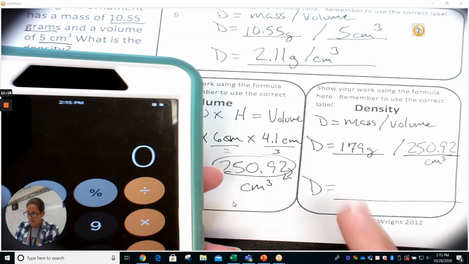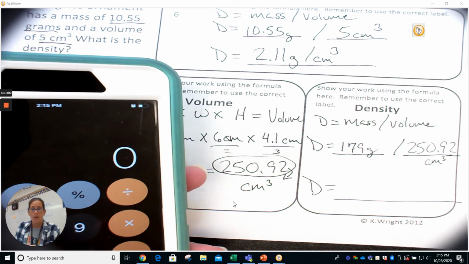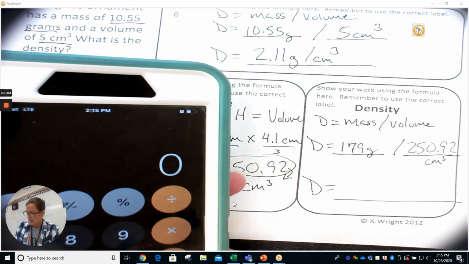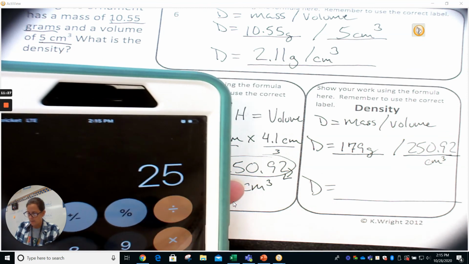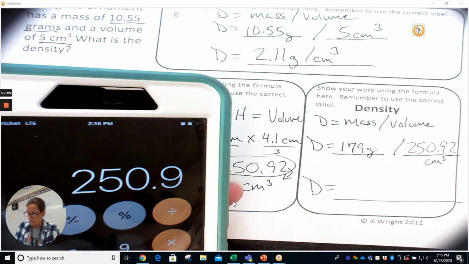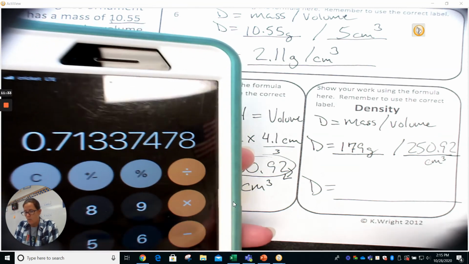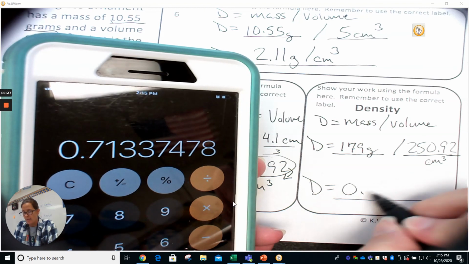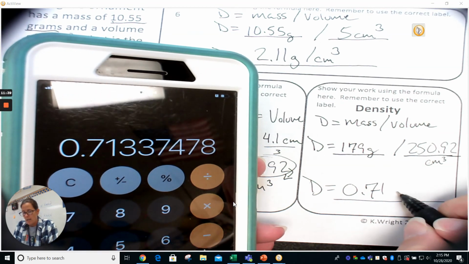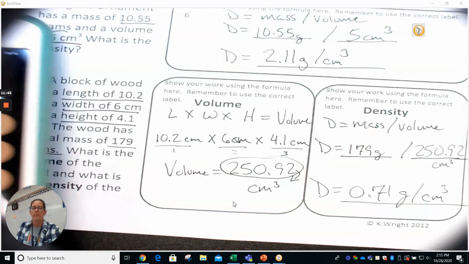So I'm going to type it in just how we have it there, because it's got to be mass divided by volume. We can't swap those two out because then we'll get different answers, right? So 179 divided by 250.92 equals, and this says 0.71. And if we rounded, that 3 is not going to move anything. So 0.71 grams per centimeter cubed.